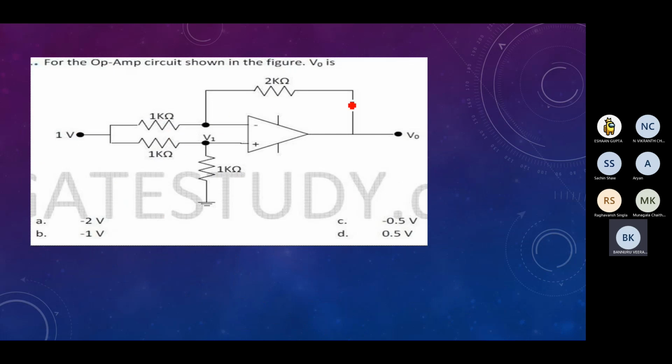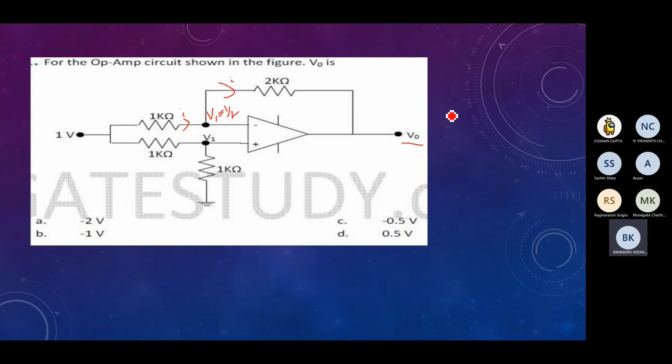In this circuit we will be finding the V output for the given configuration. As we can see, this is V1, this will also be V1, and this is a voltage divider circuit. So we get V1 equal to 1 by 2. And the current I in this is equal to the current I in this resistor.